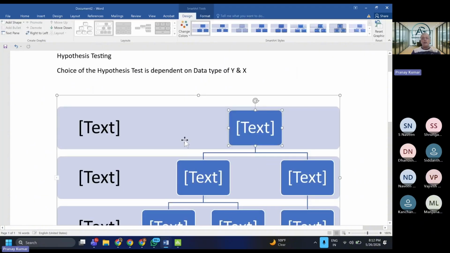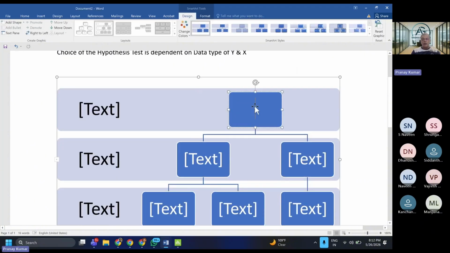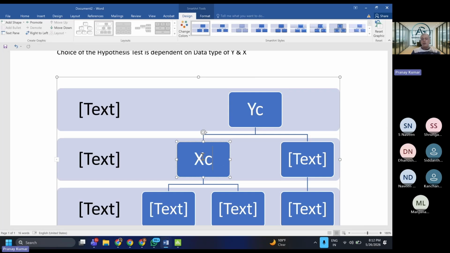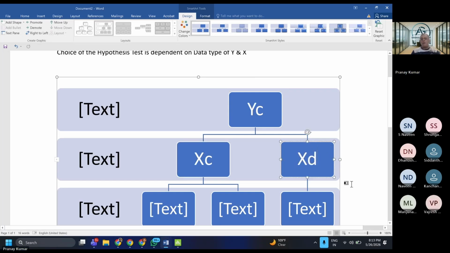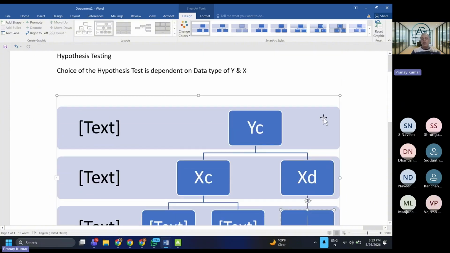Either your project Y will be continuous data, and for a Y which is continuous, only two possibilities: either your X is also continuous or your X is discrete data. With me, everyone?